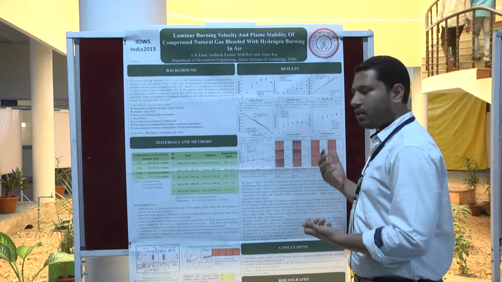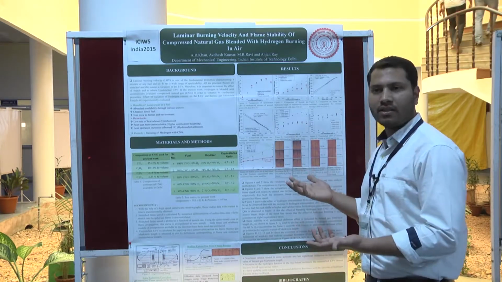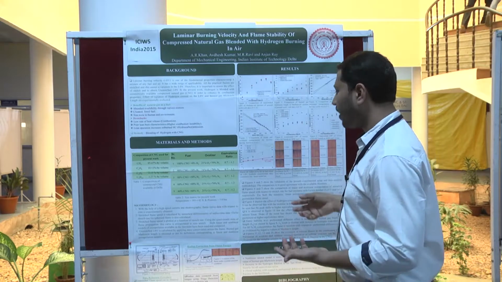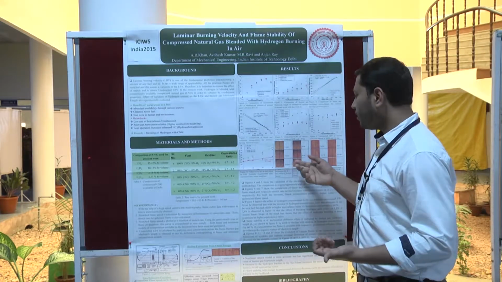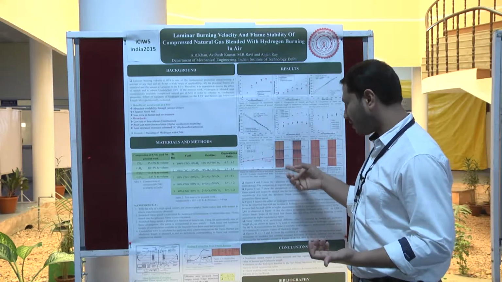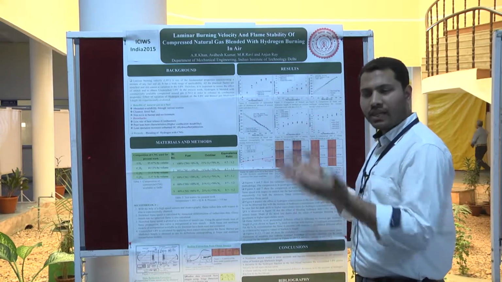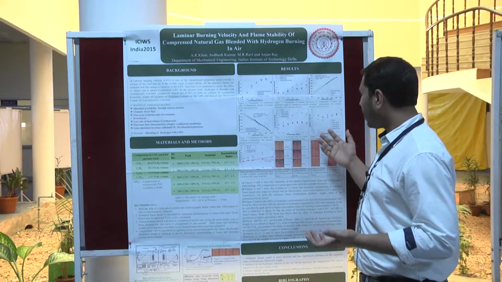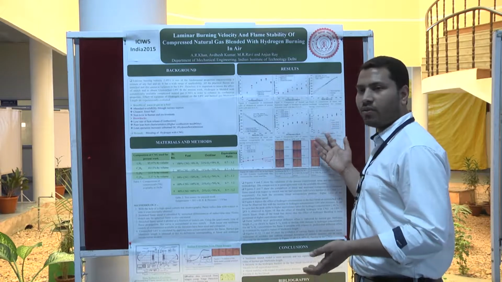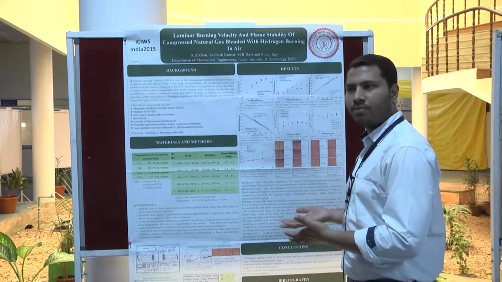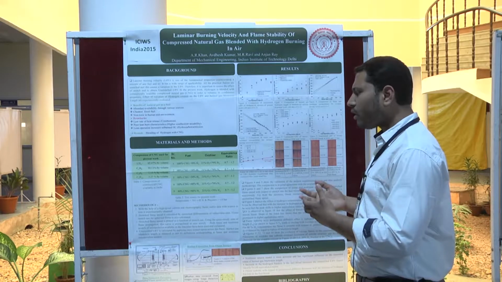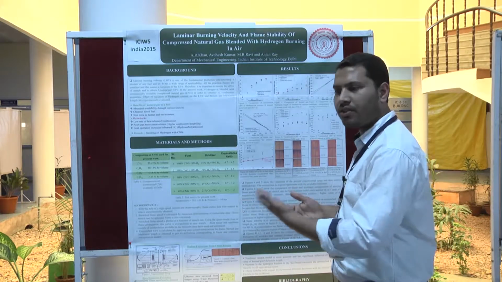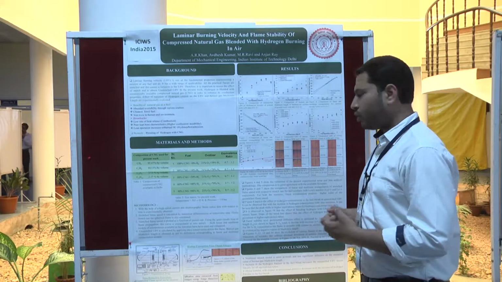In the lean mixture, because the Lewis number is less than 1, we can see the development of cracks inside the visible window itself, and the Markstein length is negative for higher hydrogen percentage in the CNG and hydrogen blends.